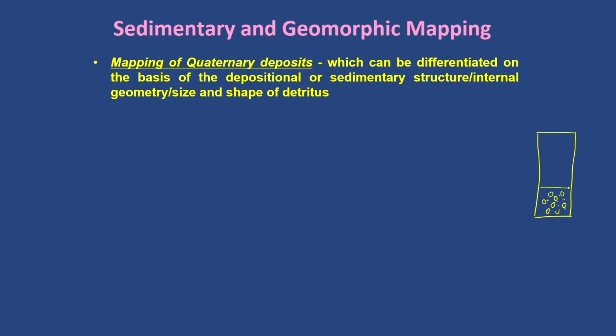On the top, suppose you come across a clay deposit, and then sandy material, then again gravel deposits. Of course, you will talk about the gradation and all that, but this is indicating a channel deposit.